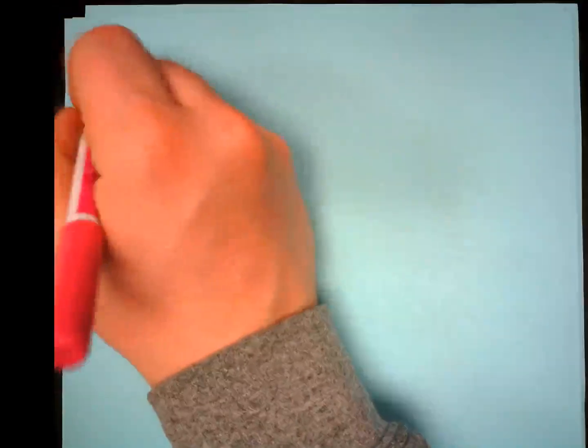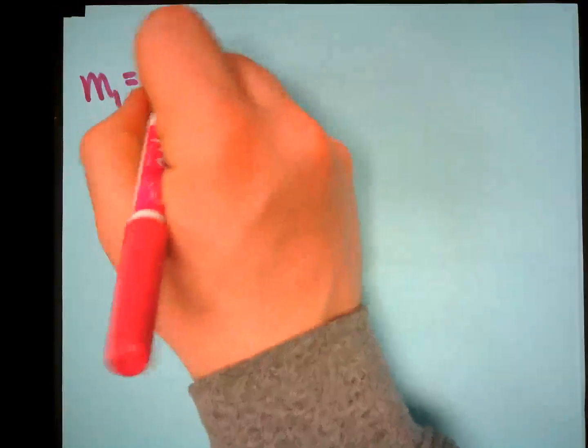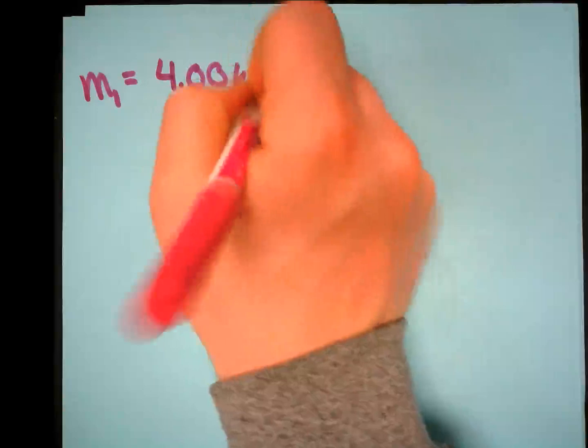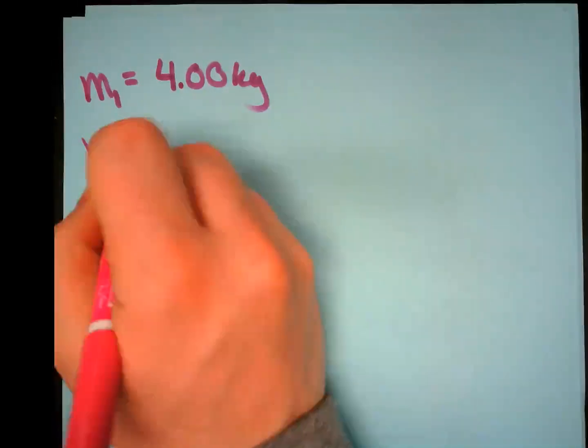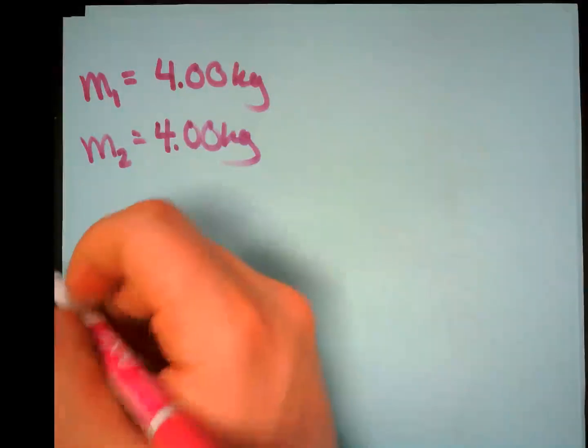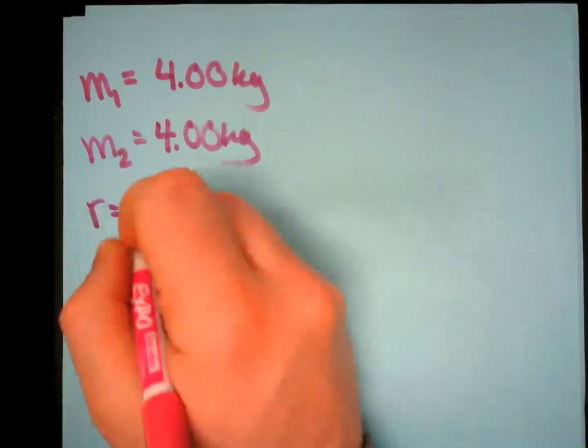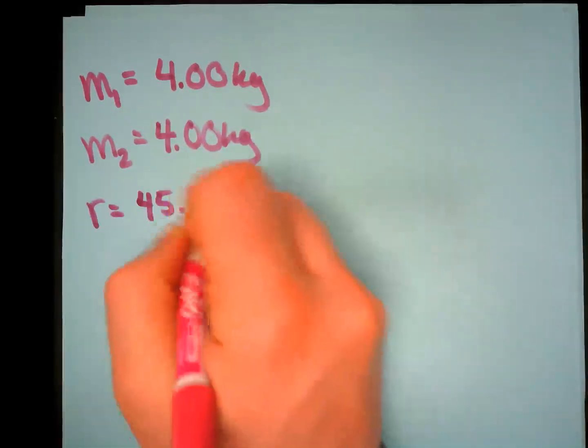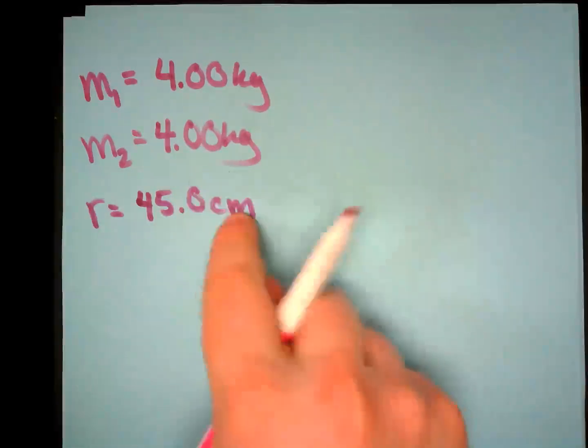So it looks like we've got mass of our first object, which is going to be 4 kilograms. We have the mass of our second object, which again is 4 kilograms. We have the radius between them, which is 45 centimeters, which we'll have to change here in just a bit.